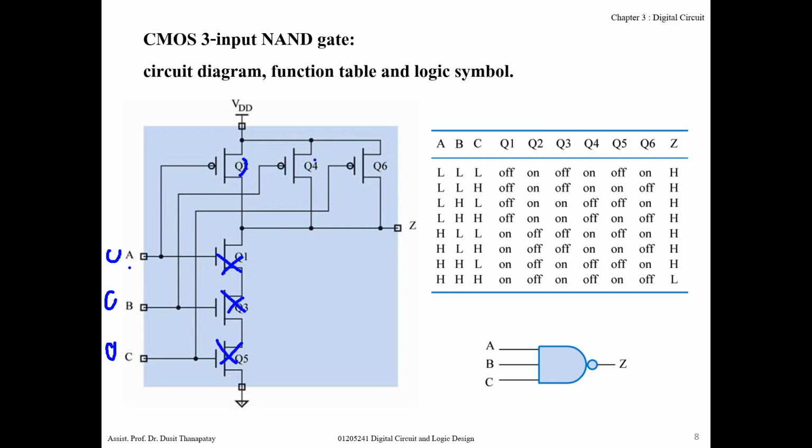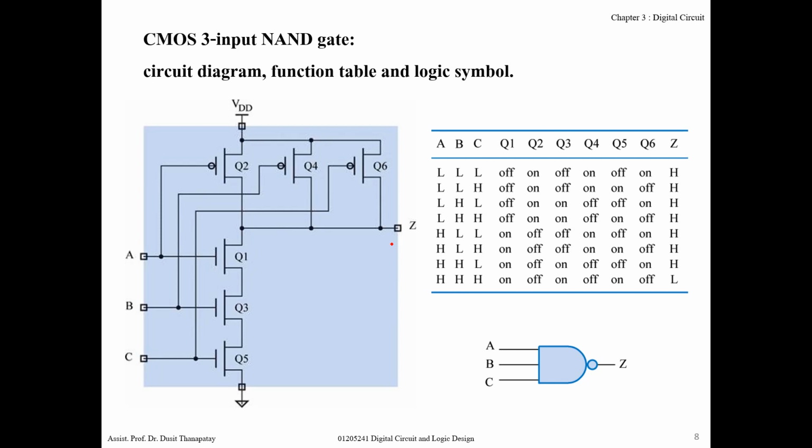And this one is on, because active low, and active low, and you apply 0, 0, logic low. Then this transistor will be on. So the output connects to VDD, with some of this part, then it becomes high.